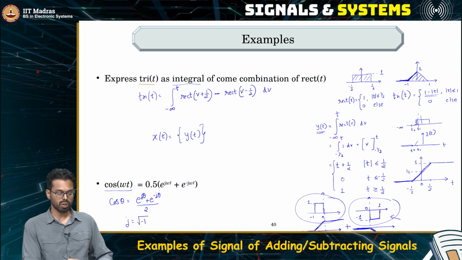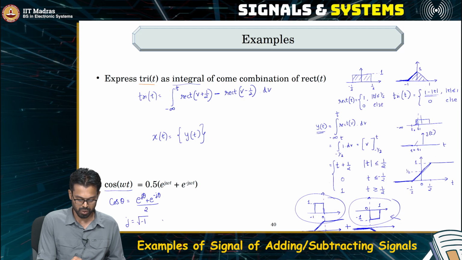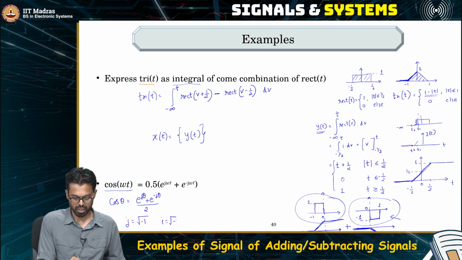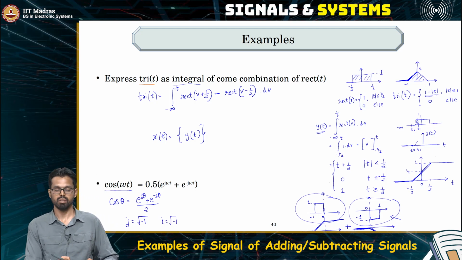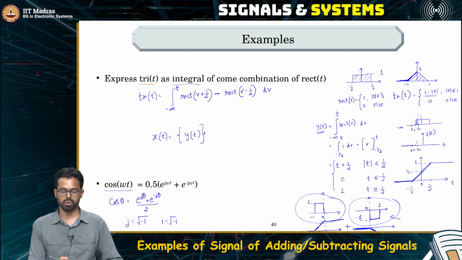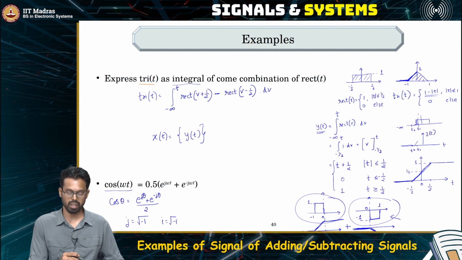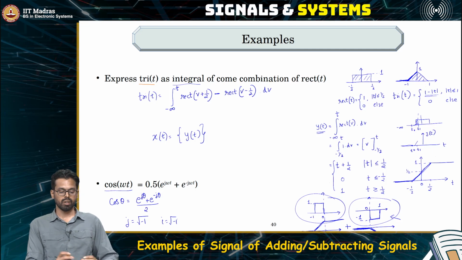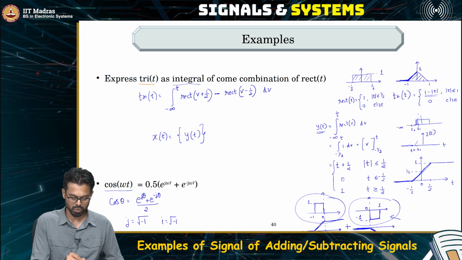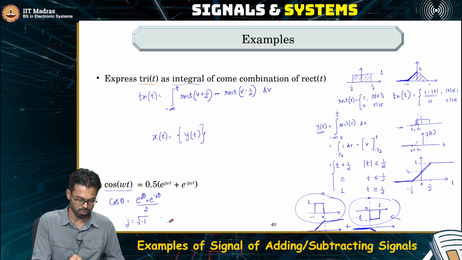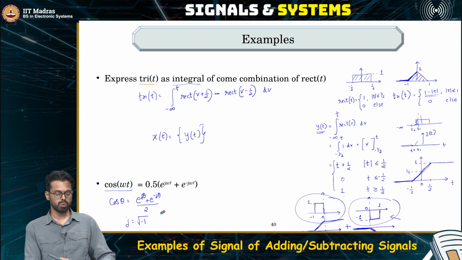So electrical engineers always use j instead of i. We don't use i as the square root of minus 1 because often we get confused. The notation i is also used for current, so we don't want confusion between current and the imaginary number. So we stick to representing the root of minus 1 with j.